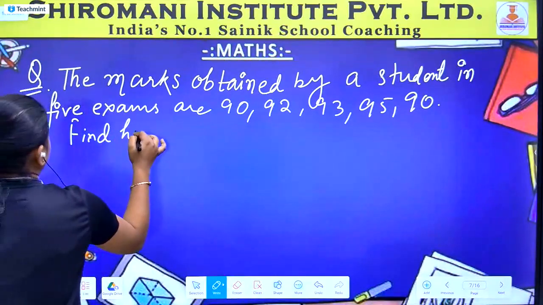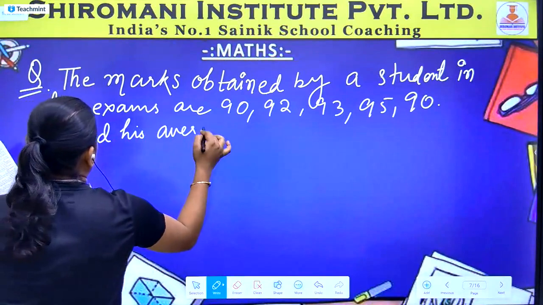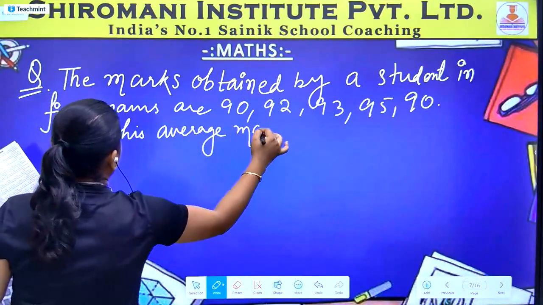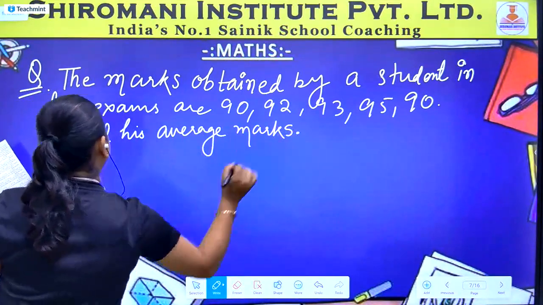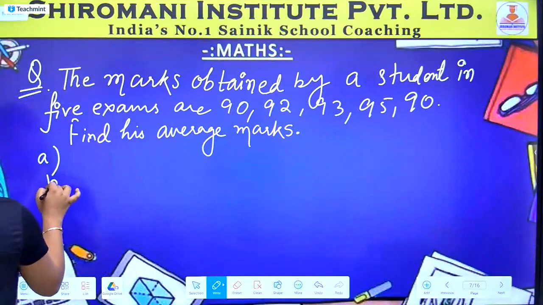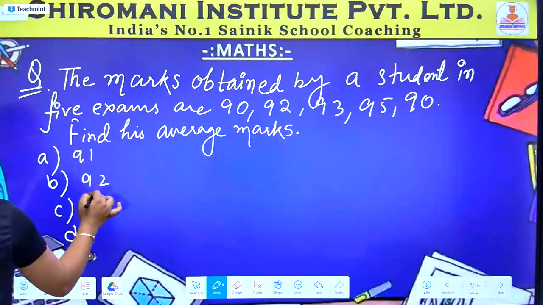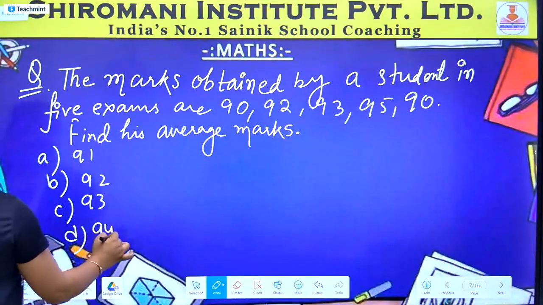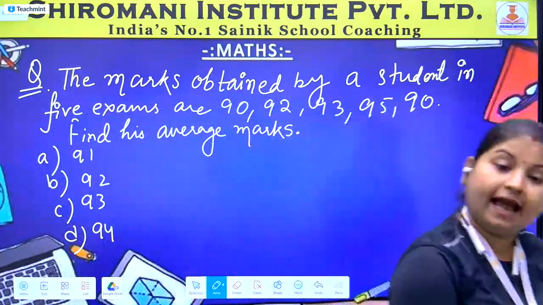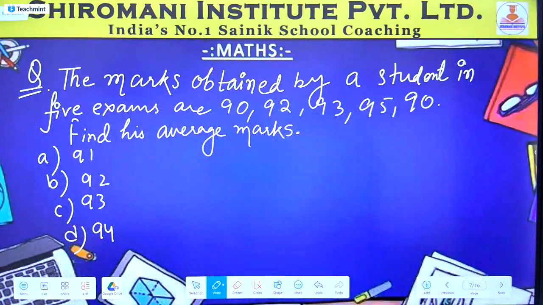Find his average marks. In this particular question, you have to find the average marks. The marks obtained by the student in 5 exams are given to you. You have to find the average marks. And here you go, answer in poll.